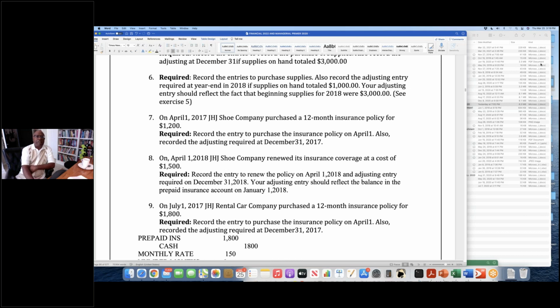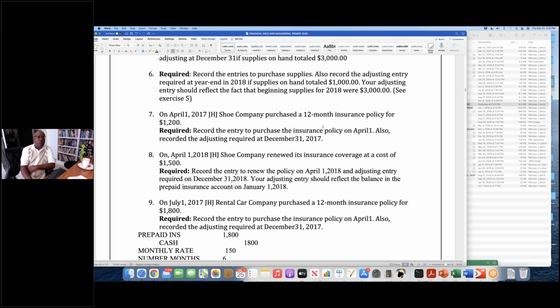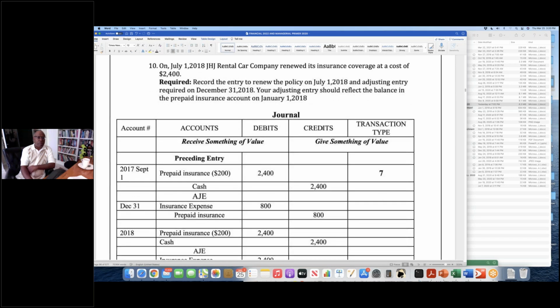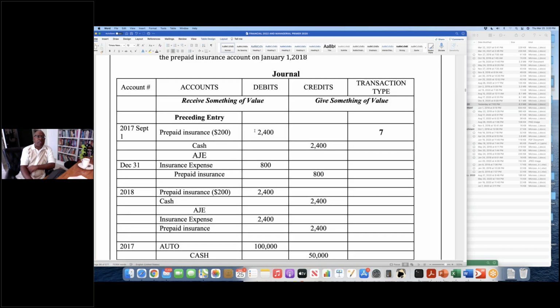At number 7, we have a 12-month policy for $1,200 bought on April 1st. From April to December, we said was 9 months. The insurance is $1,200, so the insurance rate is $100 a month.